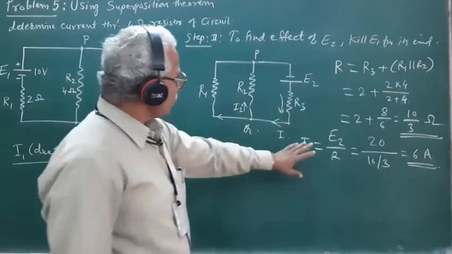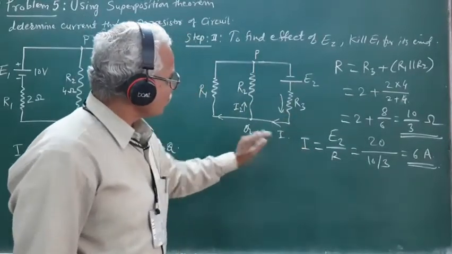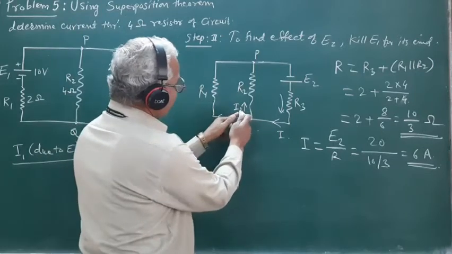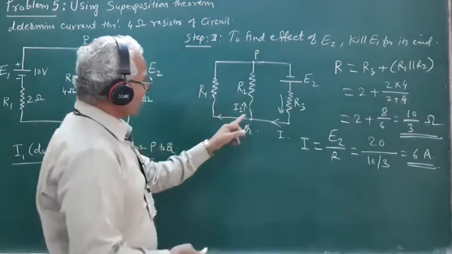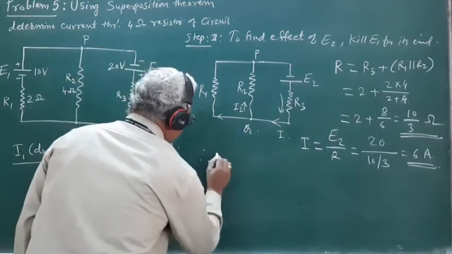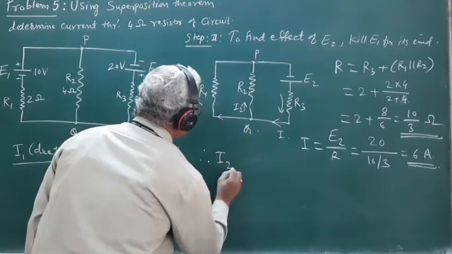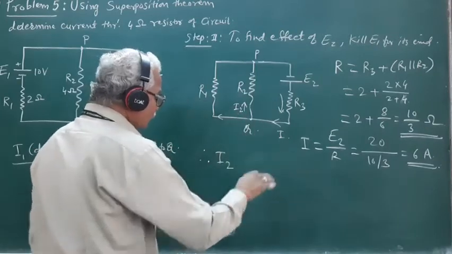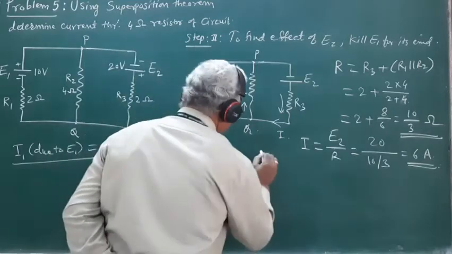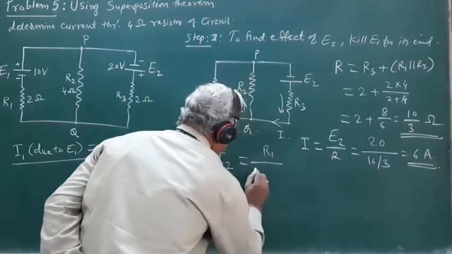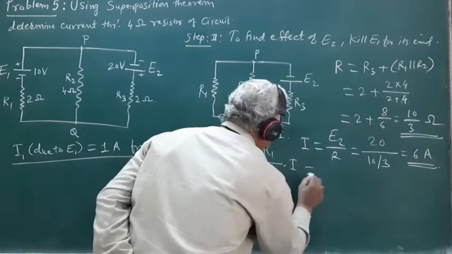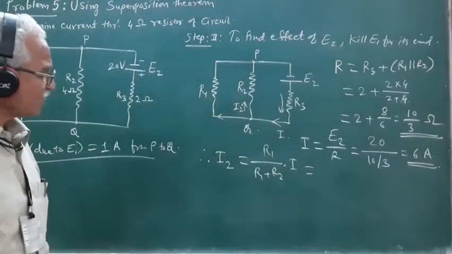So out of this total current I drawn from the source E2, certain part I2 say goes through R2 and the remaining current goes through R1. Therefore, the fraction of the current flowing through R2 due to E2 is equal to R1 upon R1 plus R2 into I, the total current drawn from the source E2.